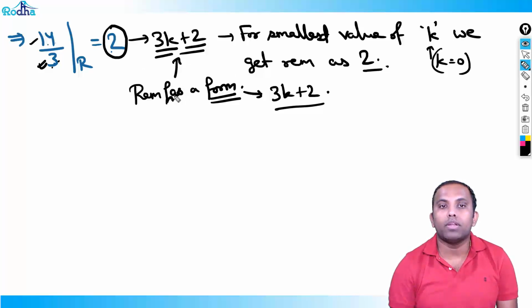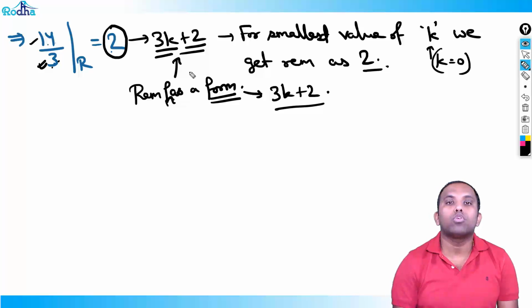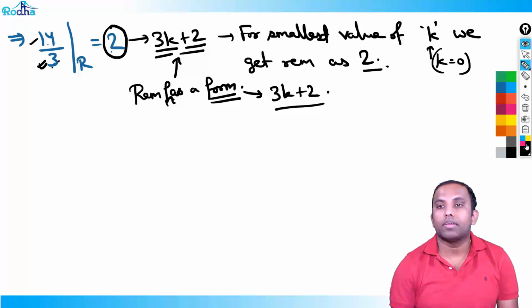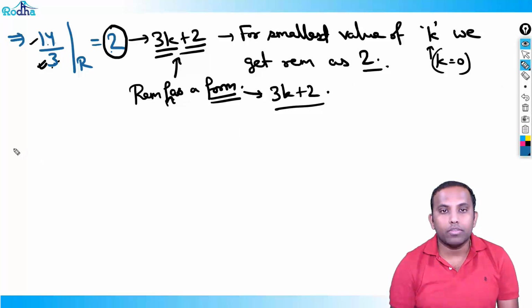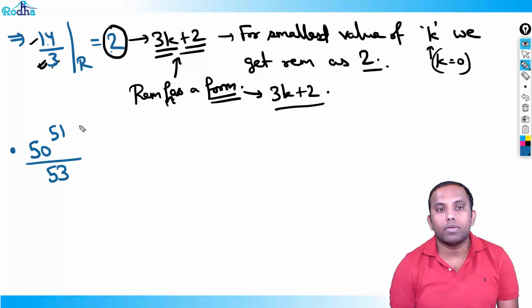This form of remainder, I'll use to solve those tough problems. See here now. If the question is 50 raised to 51 divided by 53 remainder, what will happen here?